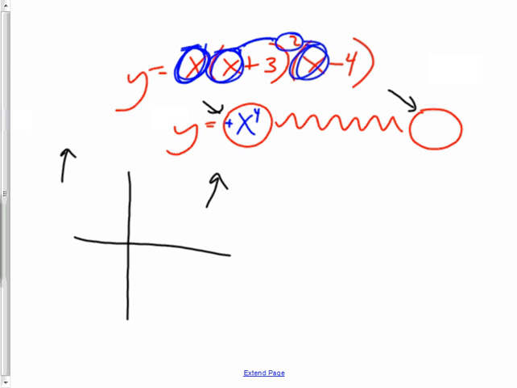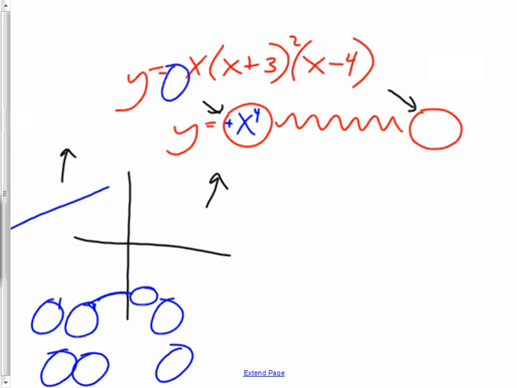Isn't that last number the y-intercept? So let's finish this sentence. The y-intercept is where, what? x equals 0. So if I want to find where the y-intercept is, I can put in x equals 0.